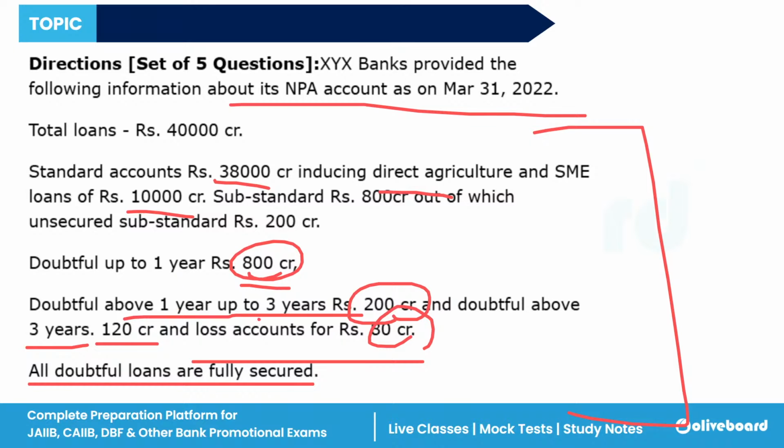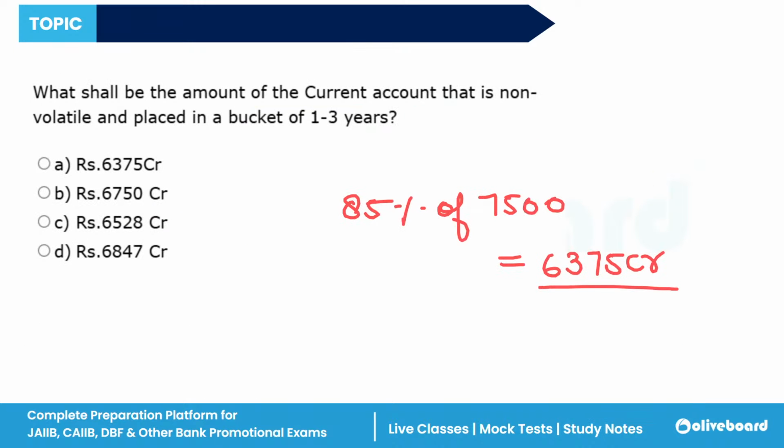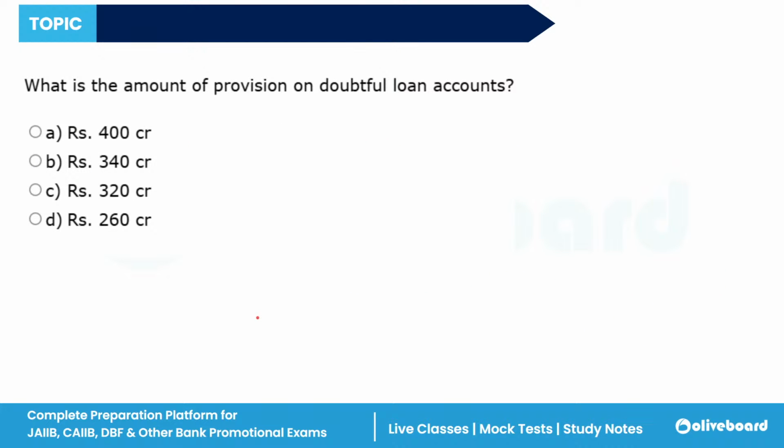But for up to 1 year, there are 2,200 crores in the doubtful category, and they are asking about the provision on doubtful loans basically. So I hope the correct answer in that case is calculated on 600 crore, at 20%.